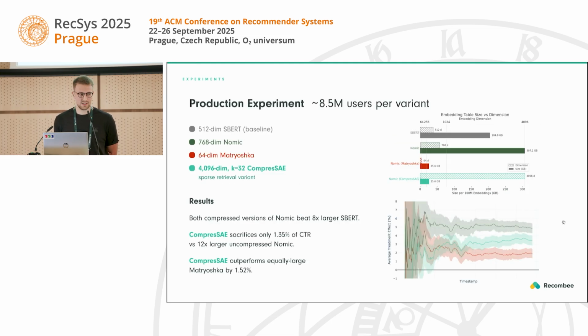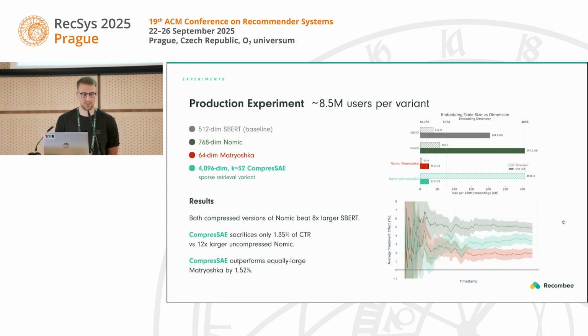And in a production experiment covering roughly 8.5 million users per variant, we compared a 512-dimensional S-BERT baseline with a 700-dimensional nomic model, a 64-dimensional nomic Matryoshka, and an equally large sparse compression of Matryoshka.